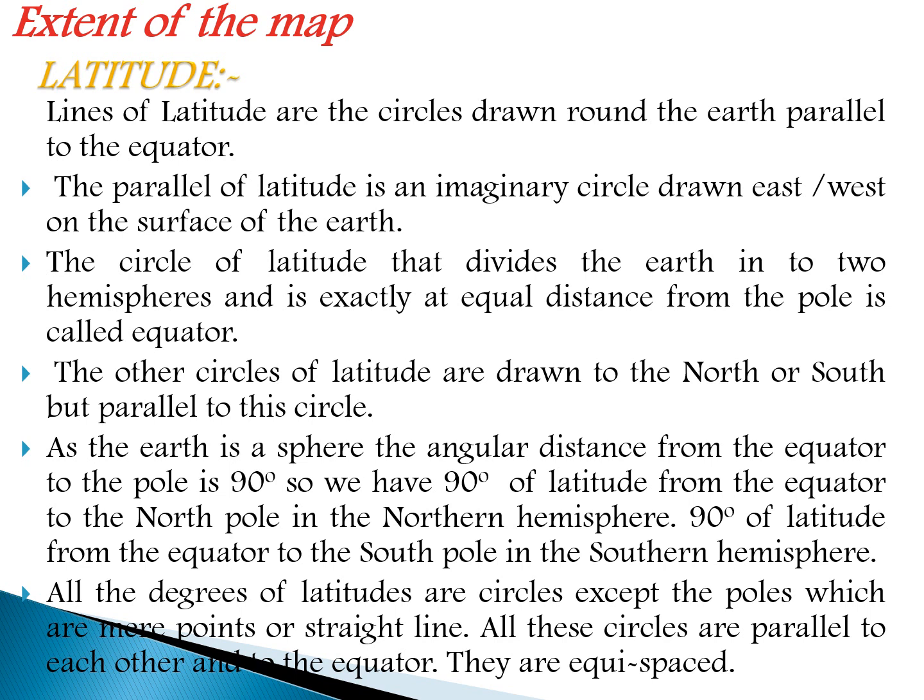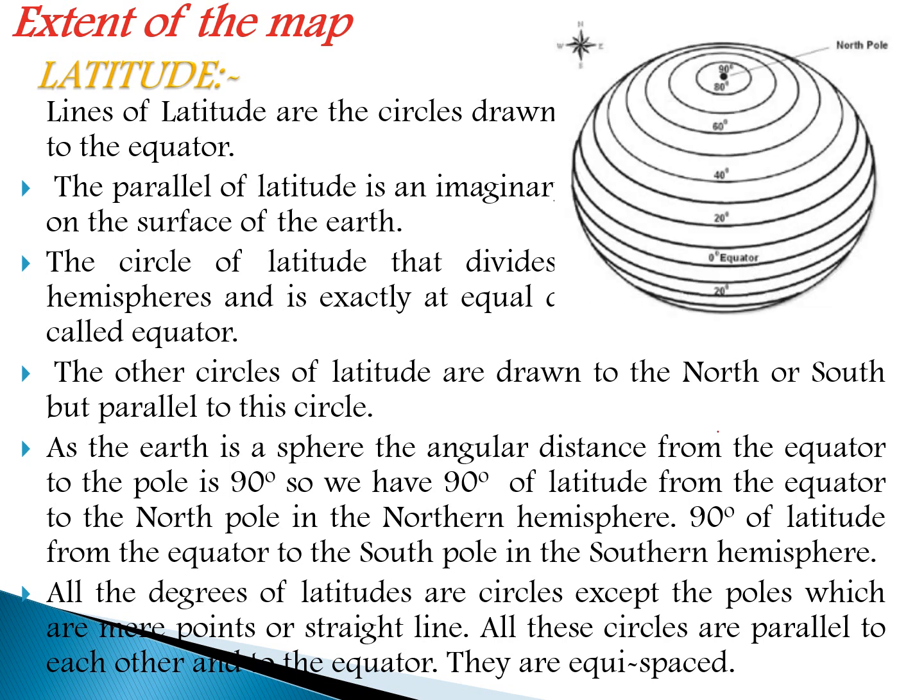All these circles are parallel to each other and to the equator, and they are equally spaced. This is how the latitudes move, from the equator up to 90 degrees towards the north pole and the south pole. On either hemisphere you will find 0 to 90 degrees of latitude.